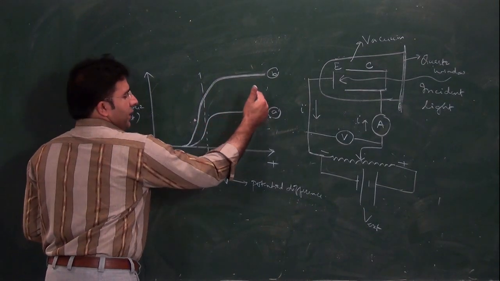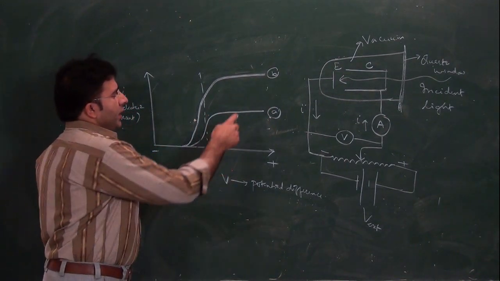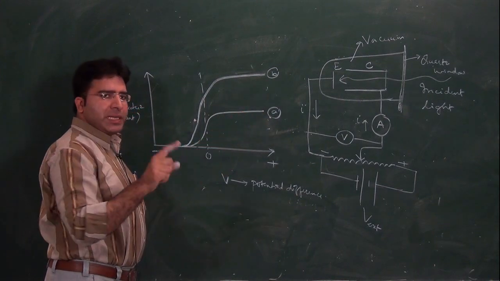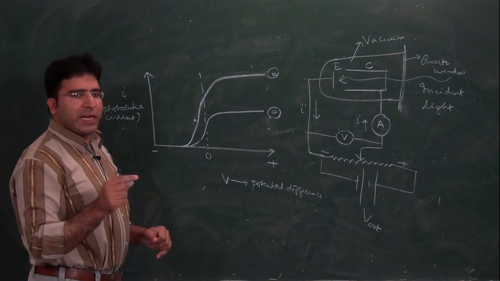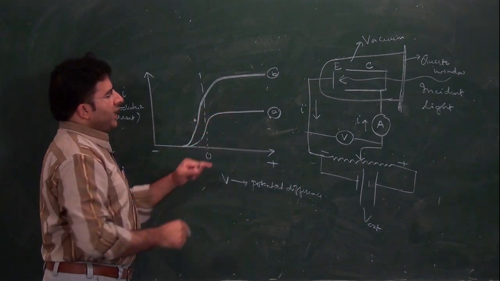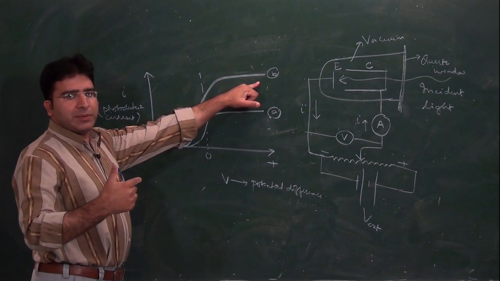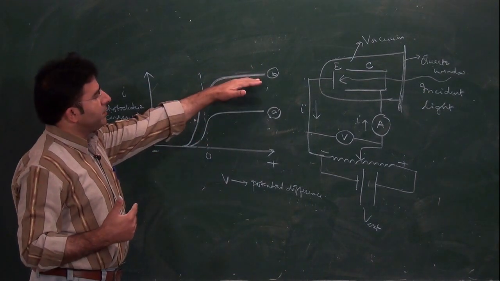And in curve B, what is different as compared to curve A? In curve B, we have the same metal surface of the emitter as in A, and the same frequency of the light, but we are doubling the intensity of the light. So there is only one difference between curve B and curve A: we have doubled the intensity.